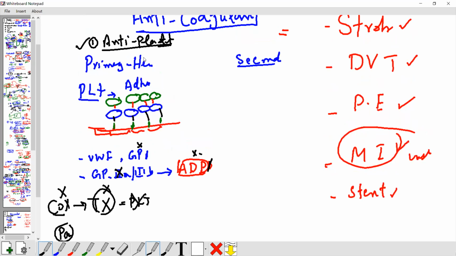So if you are using an anti-platelet, what do you need to monitor? You must check the bleeding time for platelets. If the bleeding time is prolonged, then you need to avoid the drug.